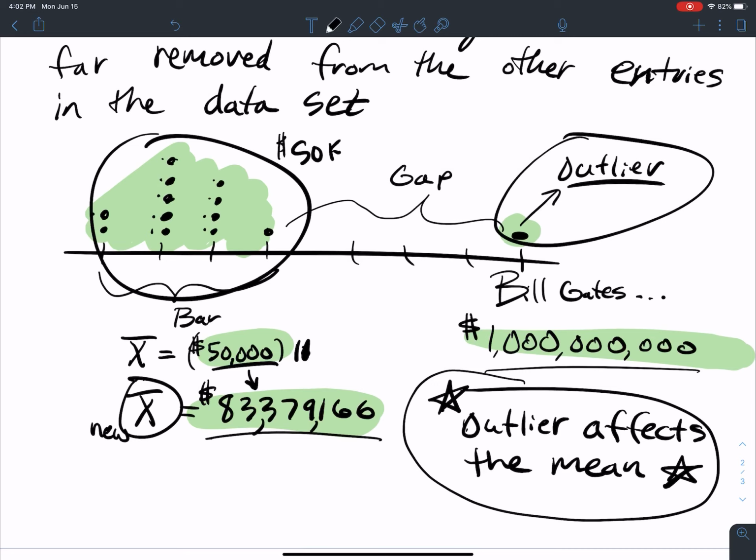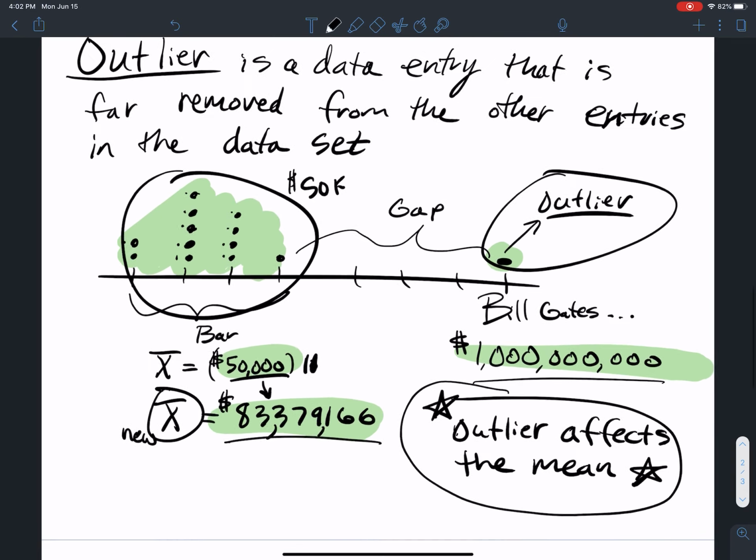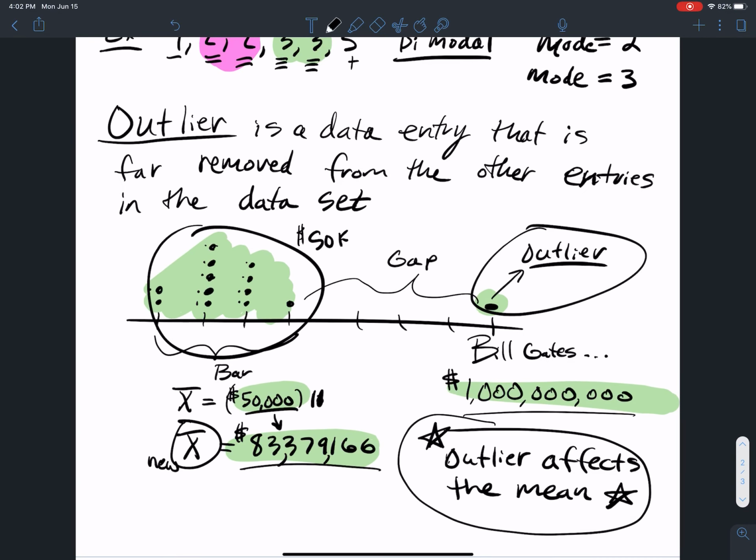Okay, so that's the idea of how the outlier will potentially skew the mean, and why when you're talking about salaries at a company, it's really better to know the median salary. That way, the fat cat CEO who's making all the money, it's not like, oh look, come work for us and the average salary here is 83 million, right?